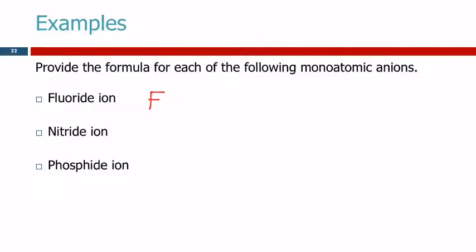Group number -8. It's in group 7, right? So what's the charge? The charge is -1, and so it's F-. That's the fluoride ion. Group number -8. 7 minus 8 is -1.